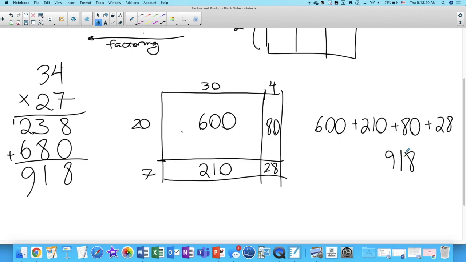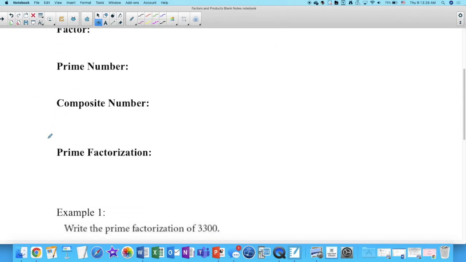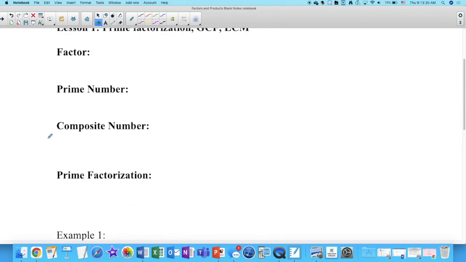Let's talk about what we're going to do today. Today we're going to talk about greatest common factor and least common multiple. You guys have seen these concepts before, particularly with numbers. But we're going to learn a new method that you can use to find the greatest common factor or least common multiple of several numbers or perhaps several algebraic expressions, okay?